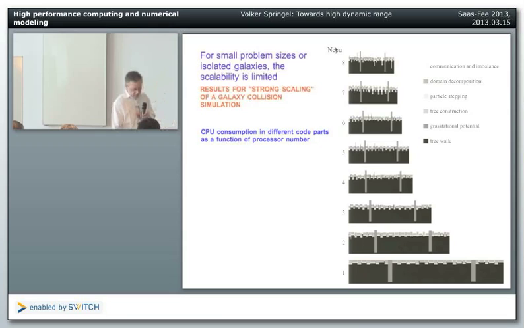This is, however, the strong scaling, another figure from the old Gadget paper, where I tried to use the code for a small problem, a galaxy collision. Here in these shaded squares, this block is the total CPU time that's used, and the different shaded parts give different parts of the code.